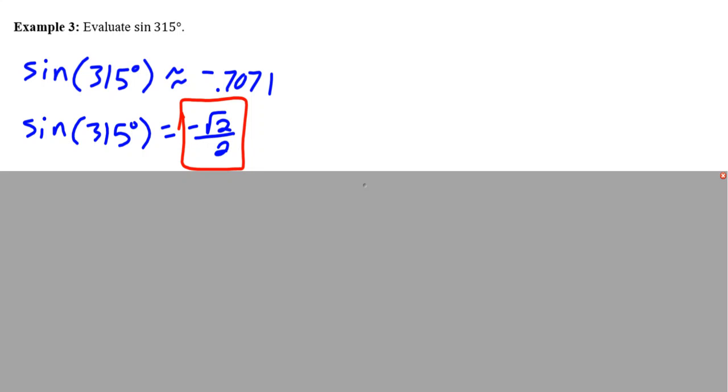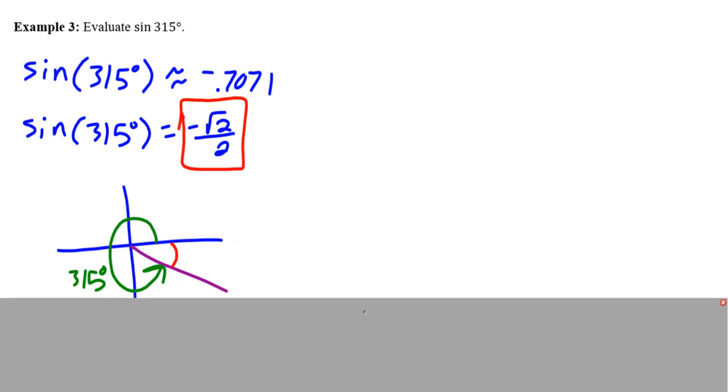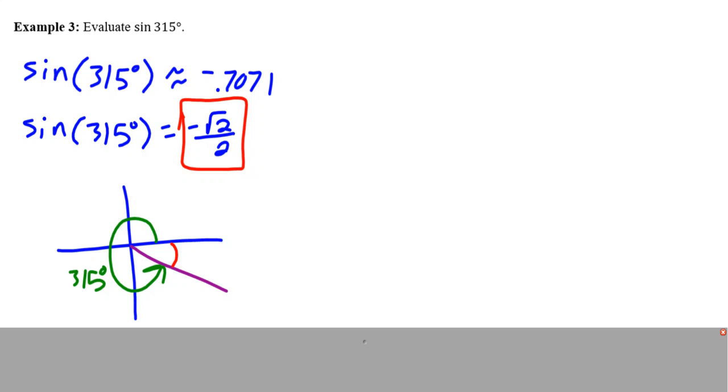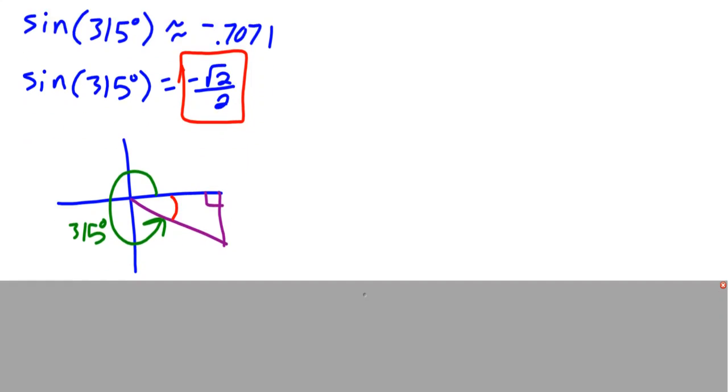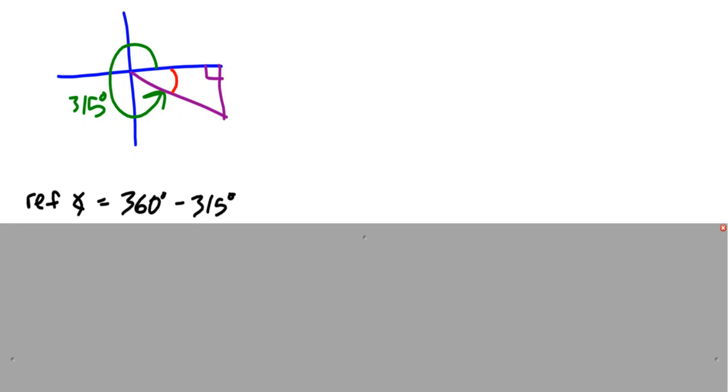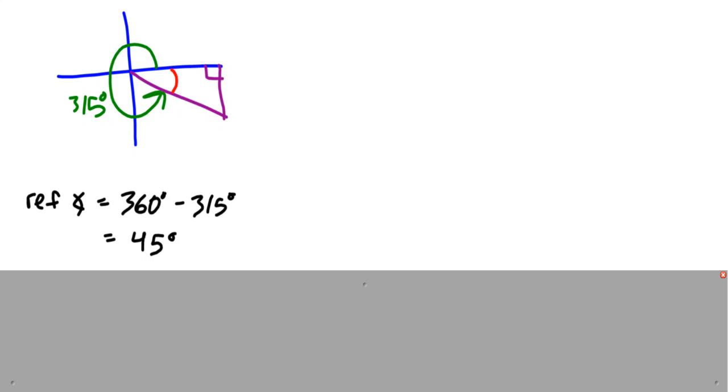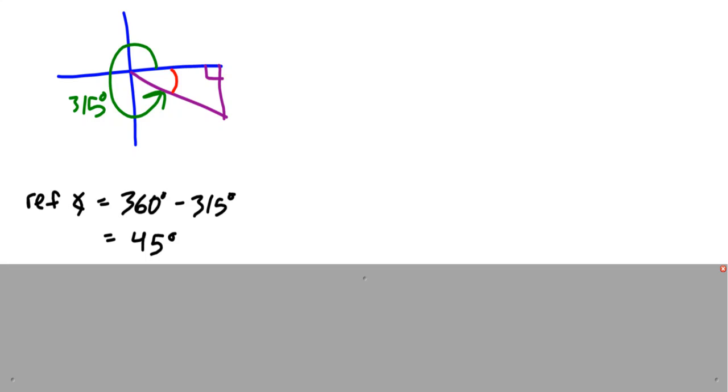Now where does this come from? Well, just like the previous question we did, if we wanted to draw where 315 is, that's in the fourth quadrant. If we wanted to figure out the reference angle, the angle you'd use for a bow tie triangle, the rules that we saw in the last slide say that in the fourth quadrant, you do 360 minus your angle. So if we did 360 minus 315, you'd get a reference angle of 45.